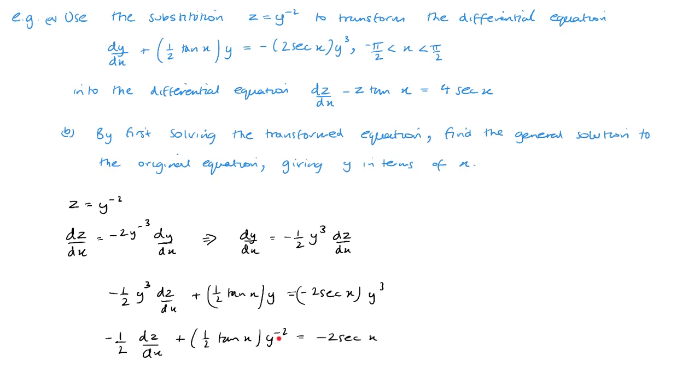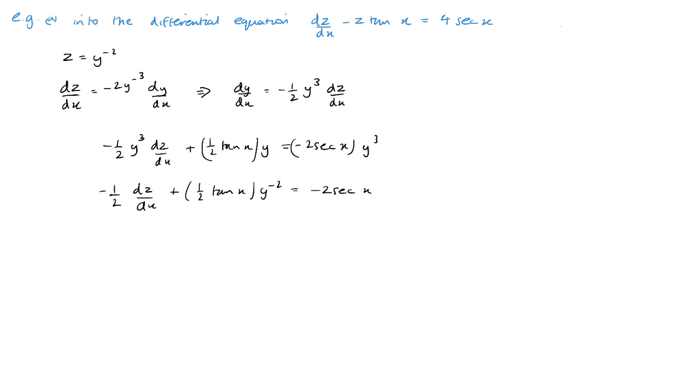Now this y to the minus 2 is up here as z. So this is now minus a half dz by dx plus a half tan x times z equals minus 2 sec x.